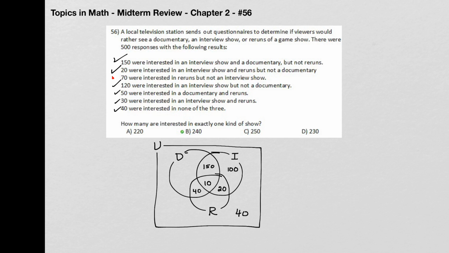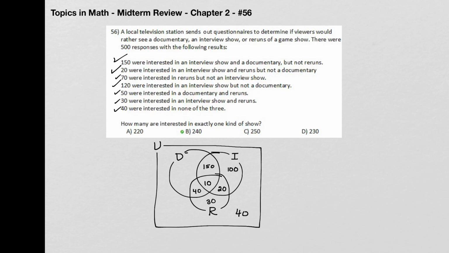And then 70 interested in reruns, but not an interview show. So reruns, but not interview, and there were 70 of those. That's going to be this kind of moon shape here. We had 70, we've already counted 40 of them. That makes 30 left. And now I'm out of pieces of information, or so it seems.